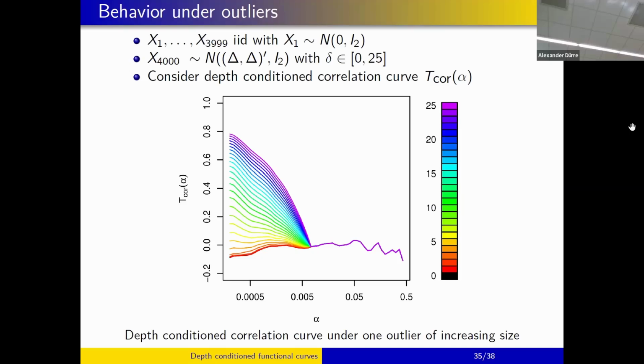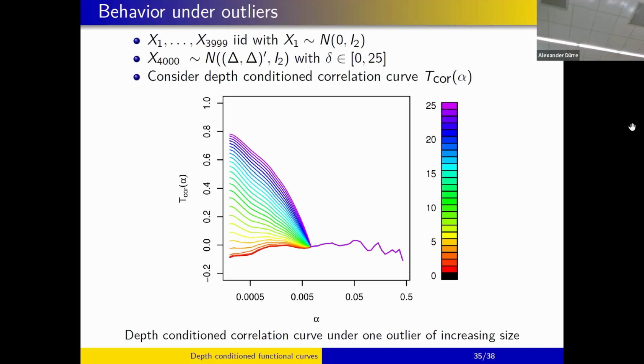But now we add an outlier with the coordinates delta, delta. And delta, delta is visualized with this color scheme. So delta, delta here is black. If it's 10, it's the green one. And if it's violet, it's here at the top.